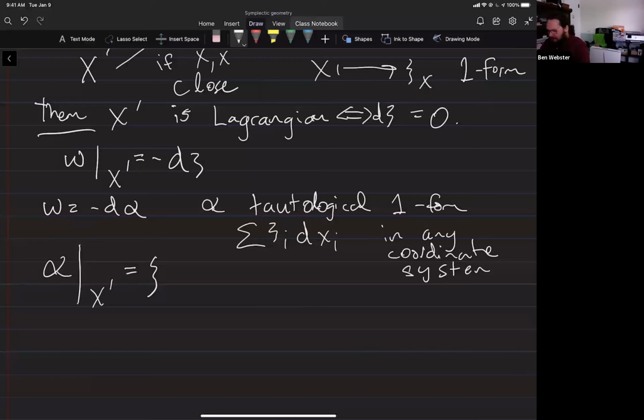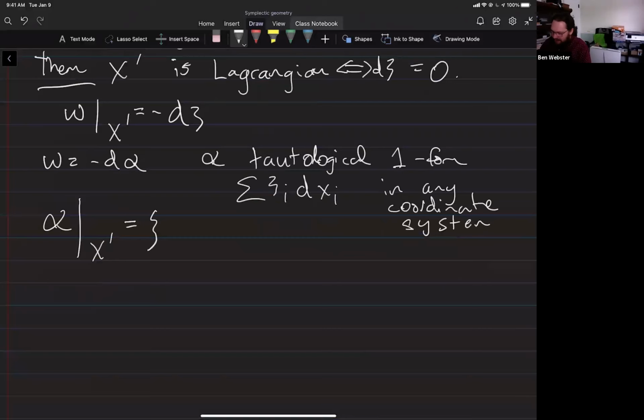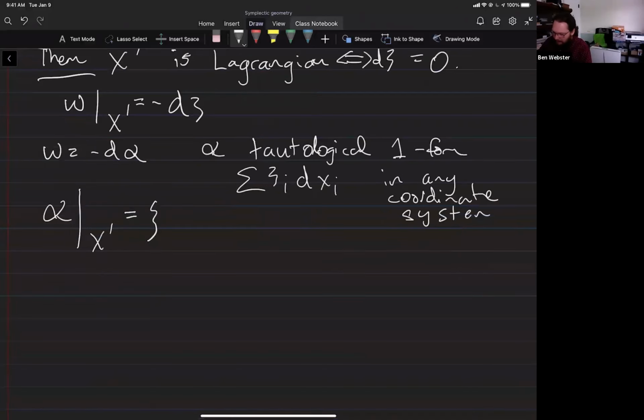Another place where Cannas da Silva talks about applications of this is the following.